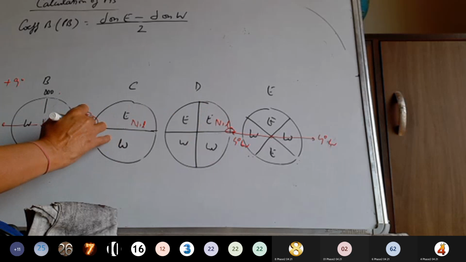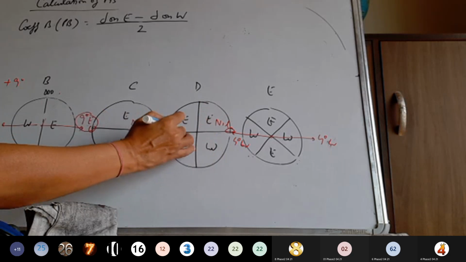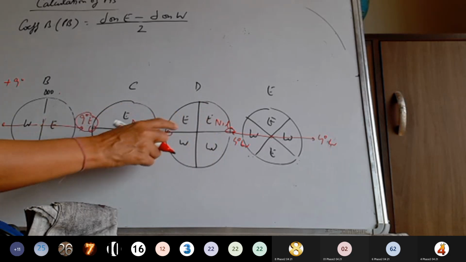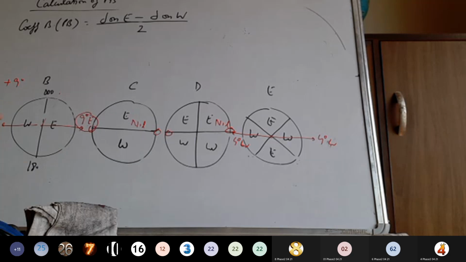Here it is 0, 0. Here everywhere it is 0. So what will be the total deviation on easterly heading on this ship? Coefficient B and E. So what will be the value? 13 degrees? Or 5 degrees?